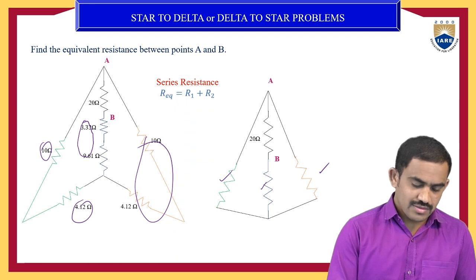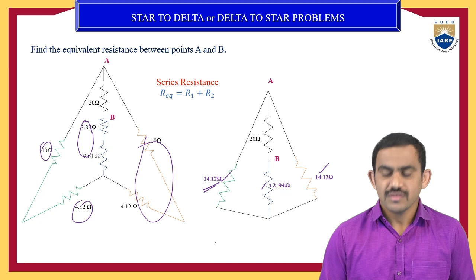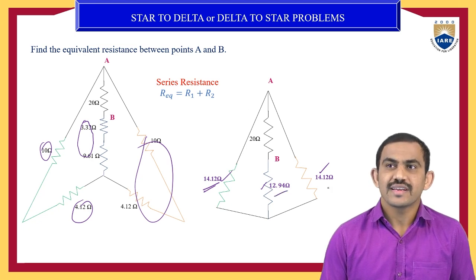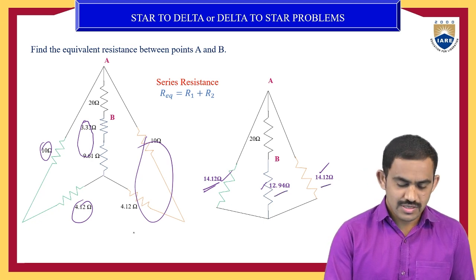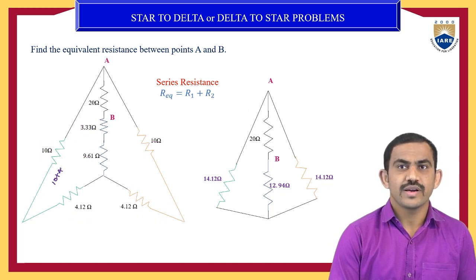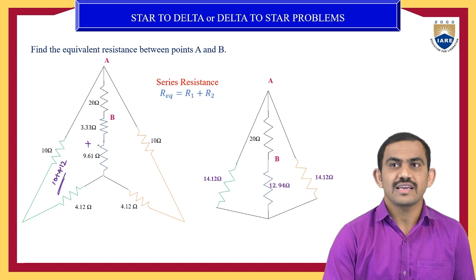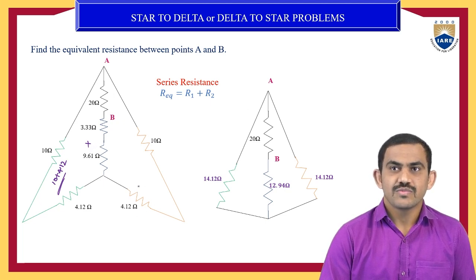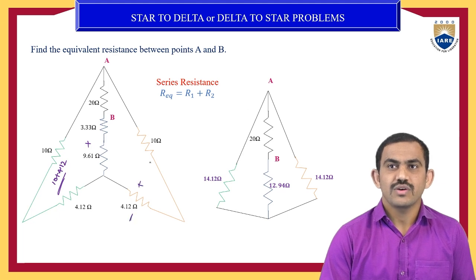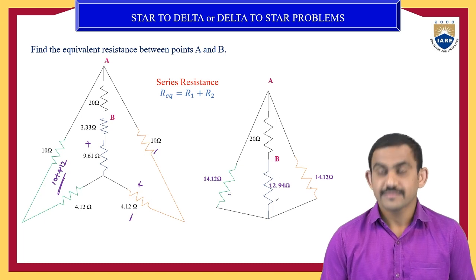So just add 2 values. Here we'll get 14.12, here 12.94, and here 14.12. So 10 plus 4.12 will get 14.12. Here 3.33 plus 9.16 will get 12.94, and here same, 4.12 and 10, 14.12. So these are the values we are getting.